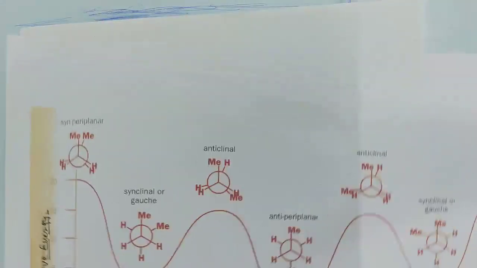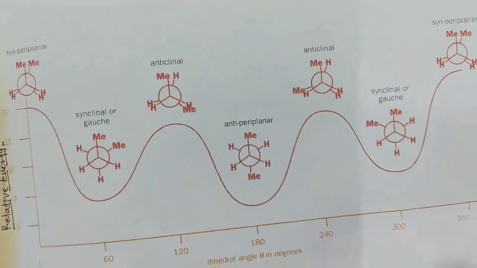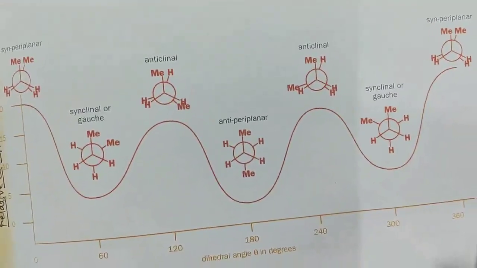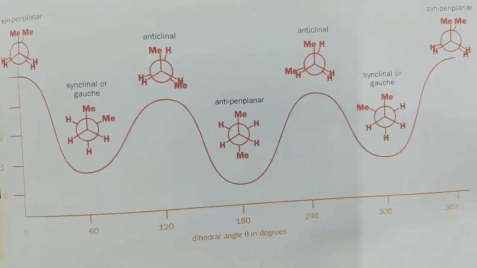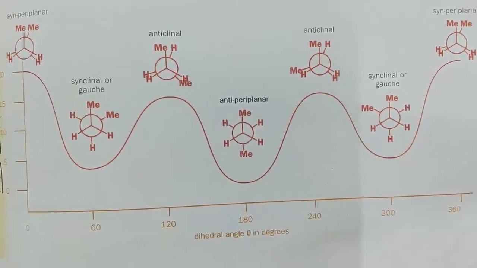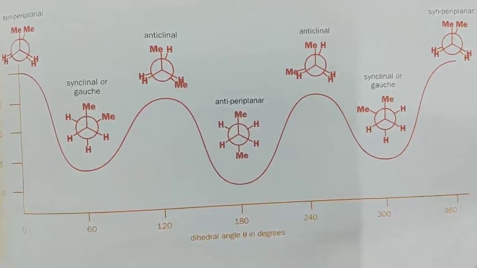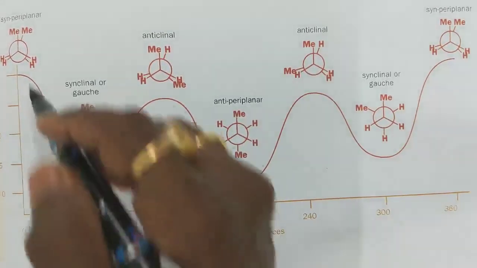This is a relative energy. So in this way, you can plot this graph in your notebook so that you can express the variation of energy with the dihedral angle.